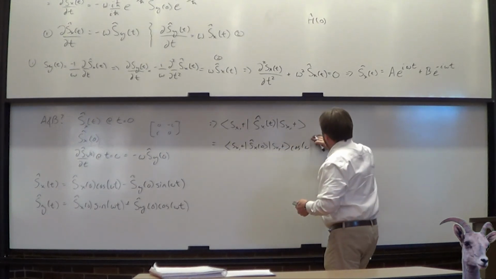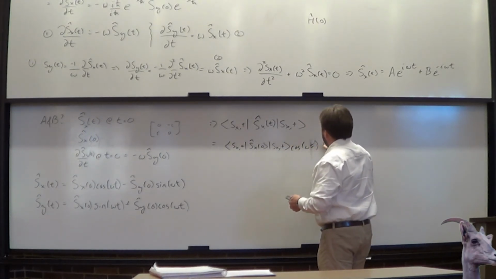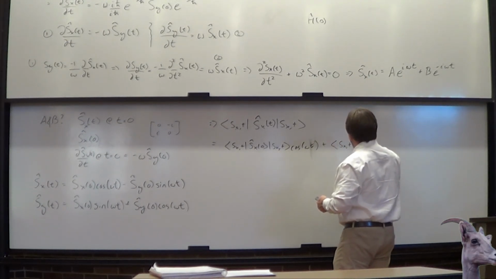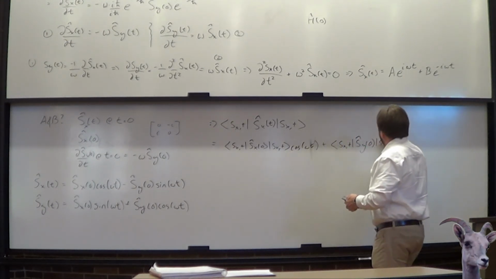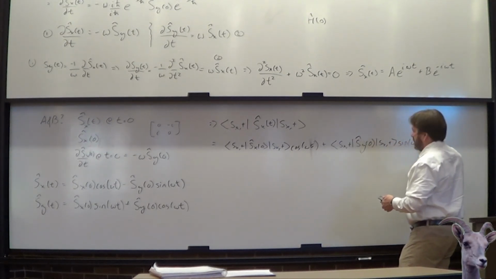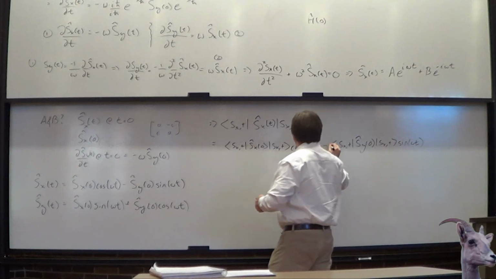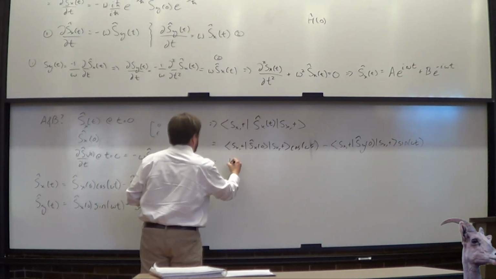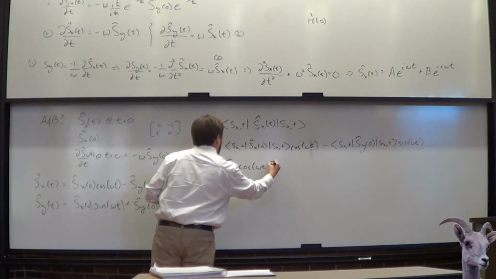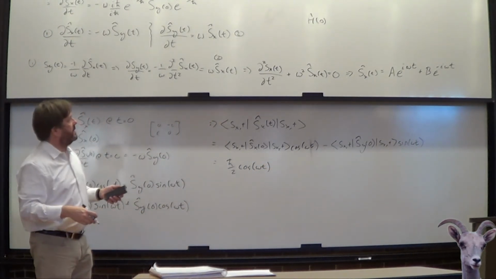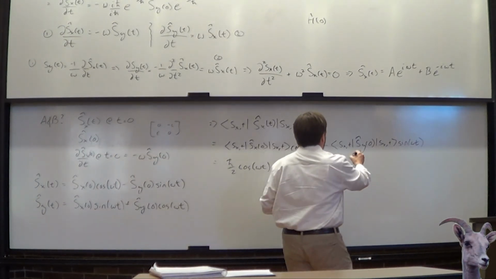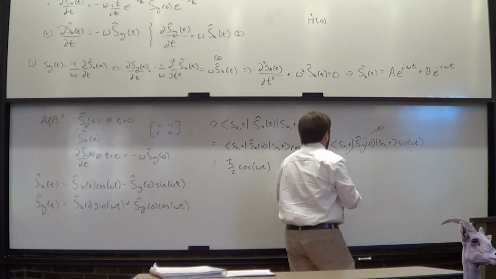Sorry. Minus. Okay, and this is h bar over 2, which is what we solved. Oh, it's right up there.